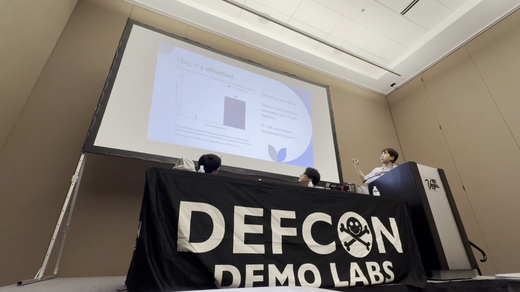Both the enhancement and the test were conducted on the same model, GPT-4o Mini, and it seems like the fact that they are both the same model is enough to make the enhanced, improved, updated seeds work. So that's pretty much a breakthrough, I think.